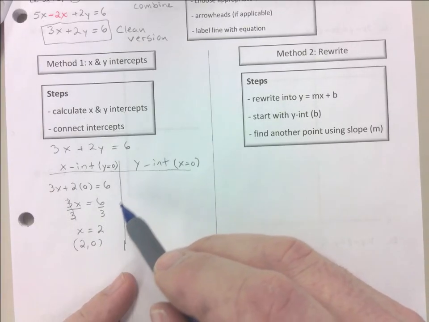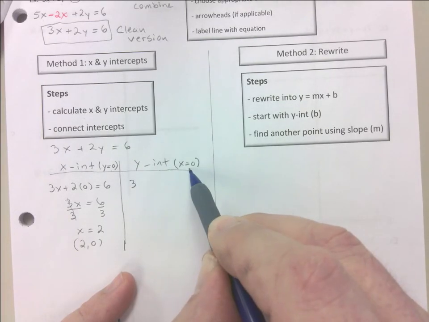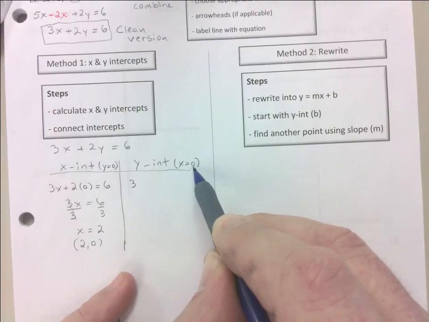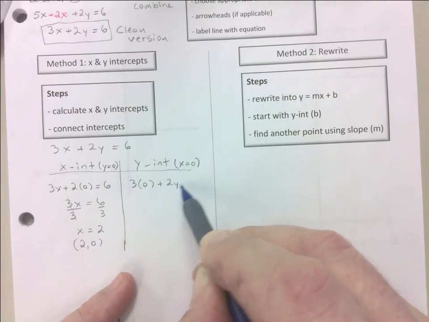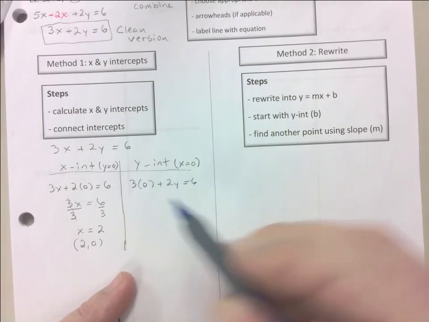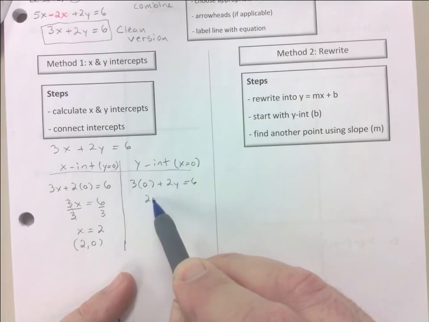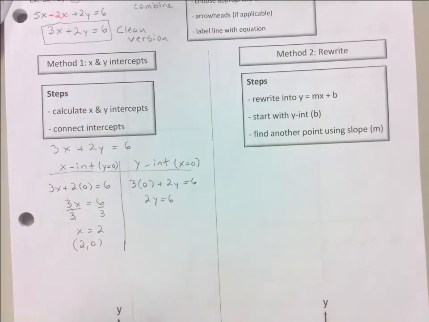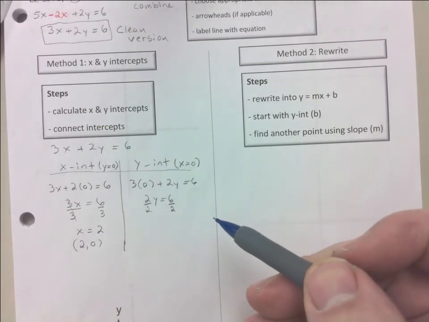Then you go over to this side, and whenever you see an x, you make that equal to 0. So it's 3 times 0 plus 2y is equal to 6. 3 times 0 is just 0, so you end up with 2y is equal to 6. I made sure these are nice and round numbers, but they won't always be.